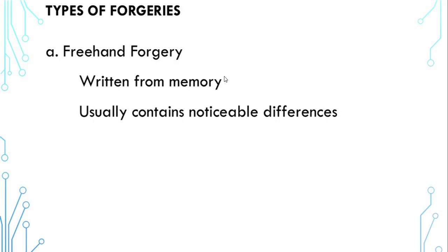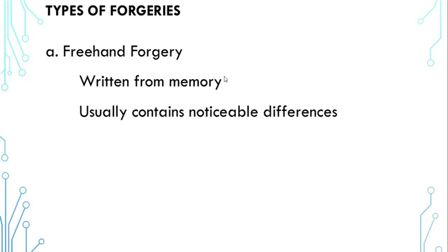But you just write something, whatever you want to write. Maybe you want to write a letter, then write the name of the person that you want to implicate, for example, to make it look as if the person is the one who wrote the letter. You will write the letter and put the name of that person there, and just sign any signature that comes from his or her memory. So that kind of forgery, we call it freehand forgery.